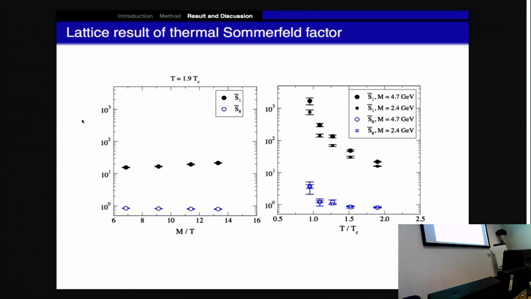Yes. Because one may assume that at least the charmonium bound state may disappear at some temperature around there, and that should then give an effect here. Yeah, but this is still 2.4. It's quite heavy, yeah, it's still heavy.